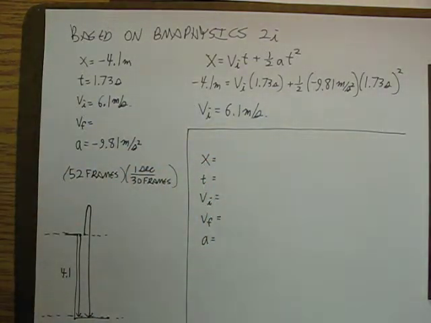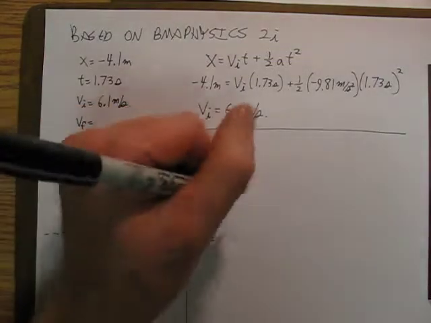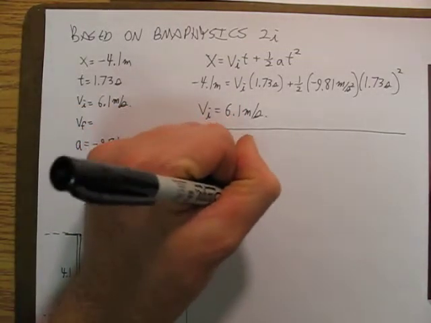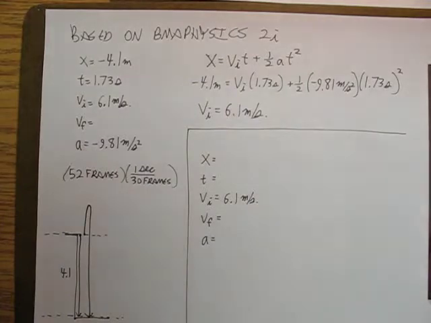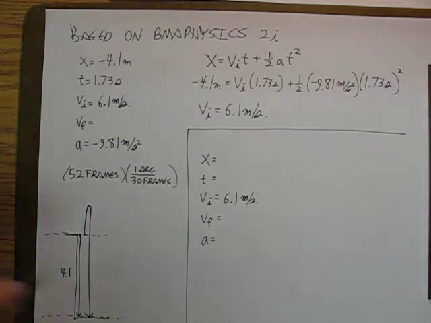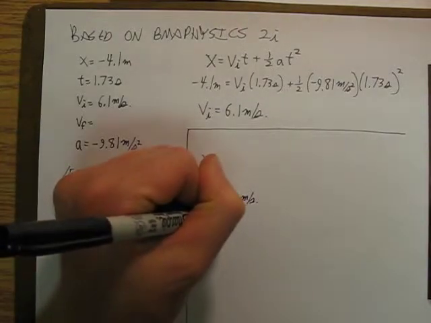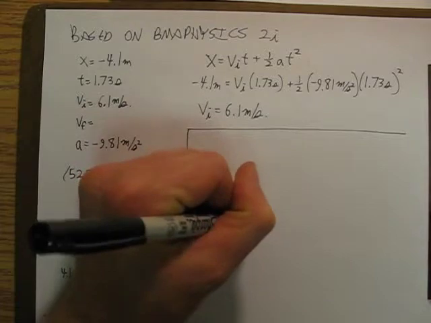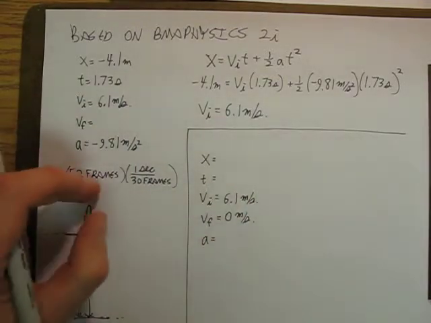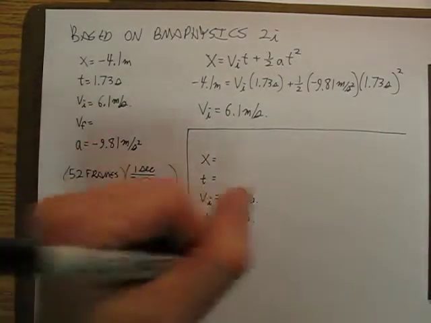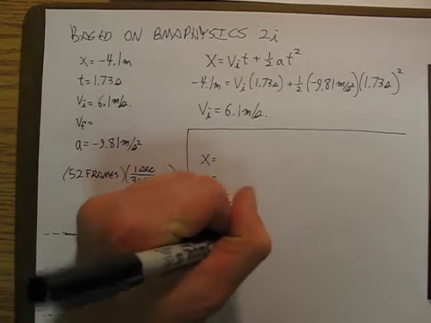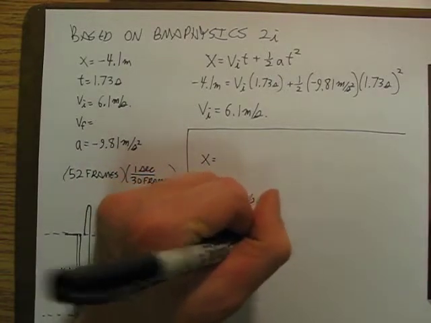If I throw a ball up with an initial speed of 6.1 meters per second, how much time will it take to reach the top of its flight? Well, at the top of its flight, its final velocity is going to be 0 meters per second, and we always know for free fall that our acceleration is negative 9.81 meters per second squared.